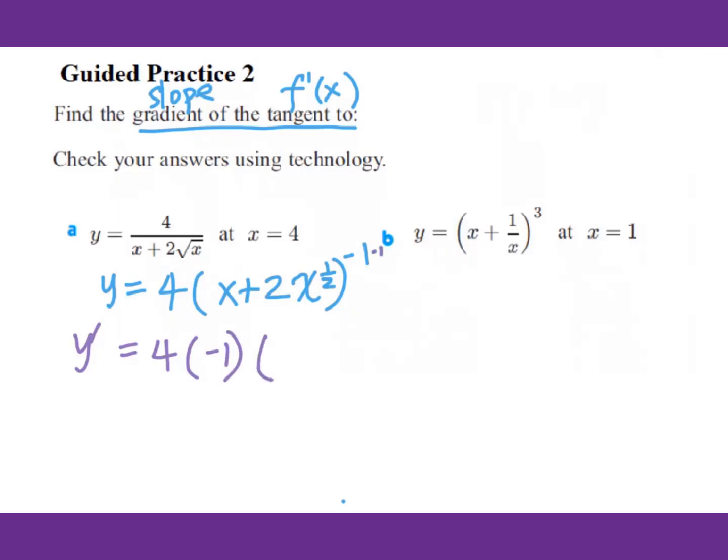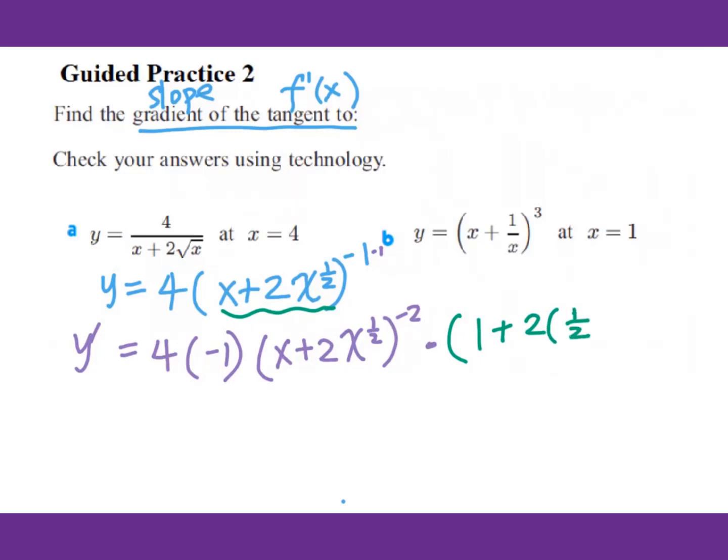Then the power is minus 1, so you get (x plus 2x to the 1/2 power) to the negative second power times the derivative inside. The derivative of x is 1, plus 2 times 1/2 x to the 1/2 minus 1, that's negative 1/2.